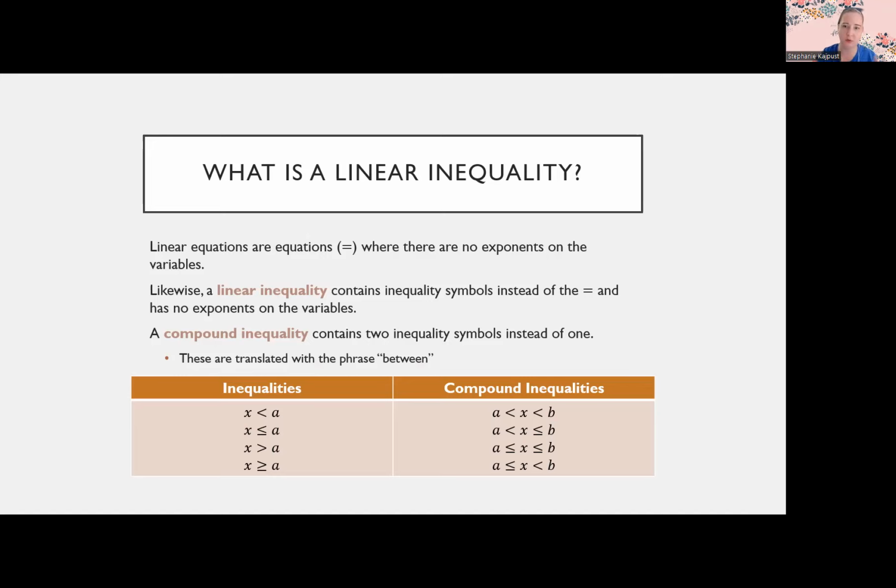Usually with between, we assume that both of them are less than signs, but depending on the wording, you could have combinations of both. Your setup is going to look something like this.